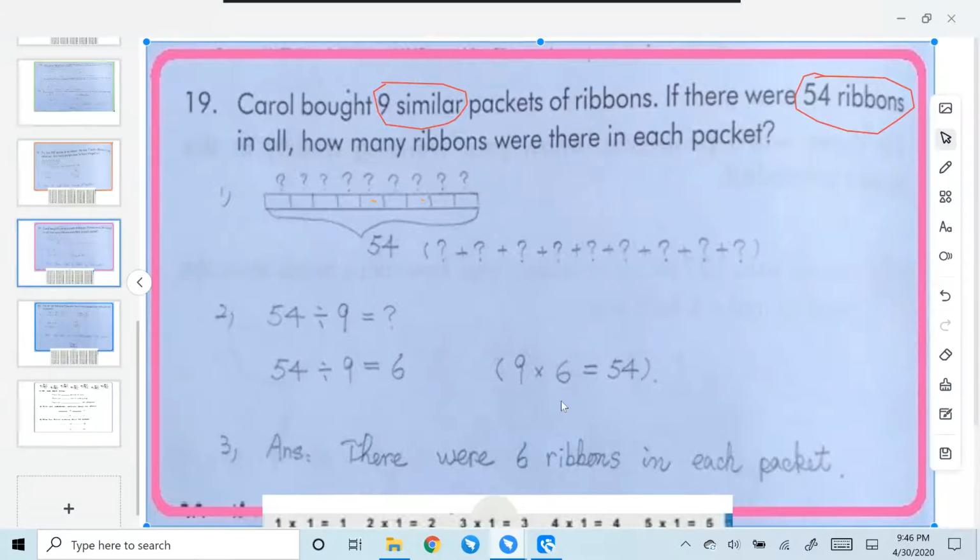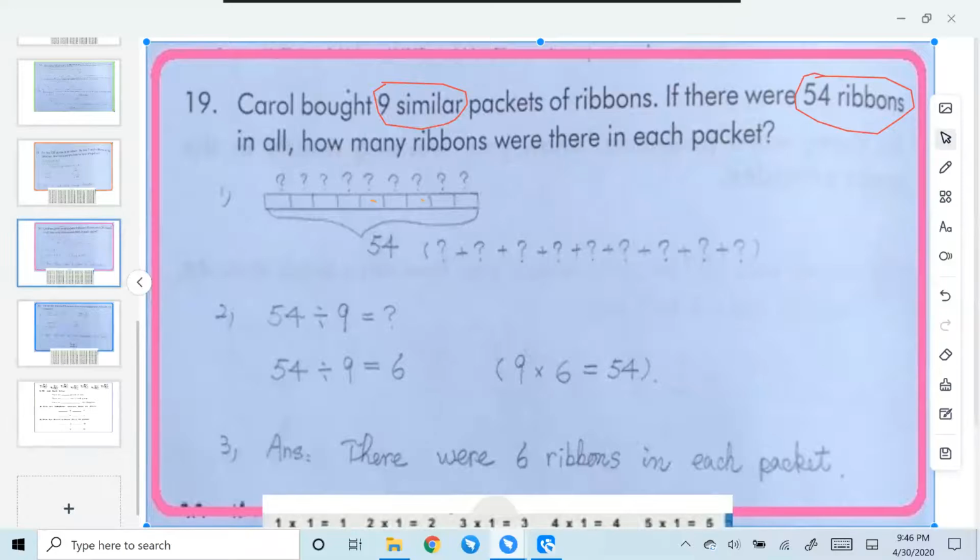So we want to know how many in each group. 9 packets, each packet how many? So there will be question plus question plus question, and so on. We don't know. But we know if we do a division it will be much easier.